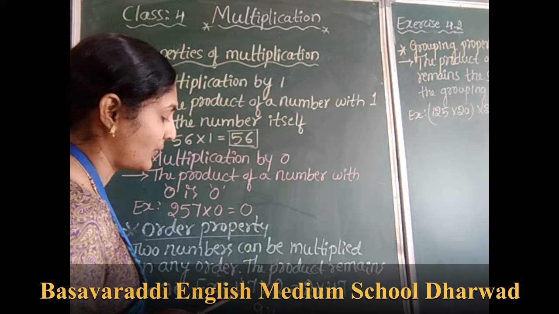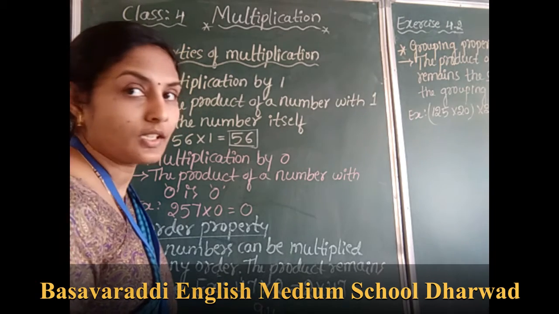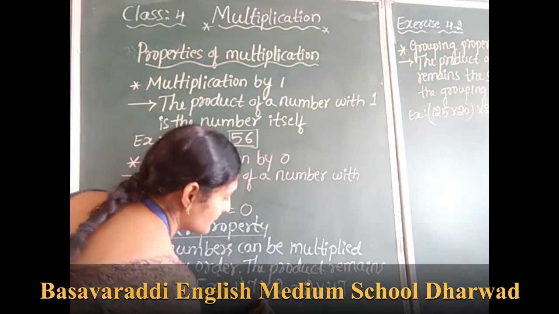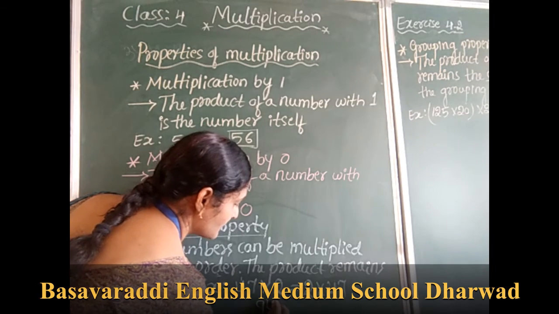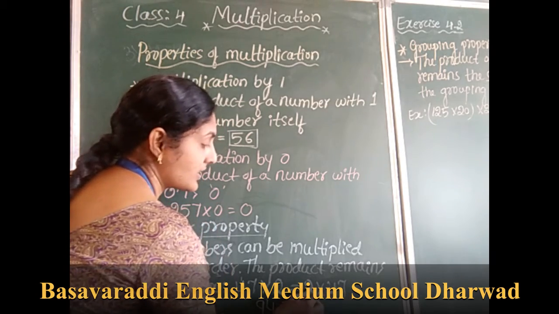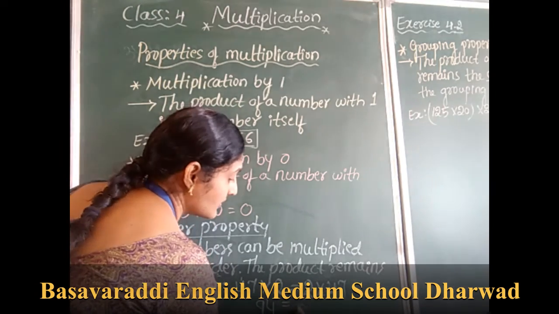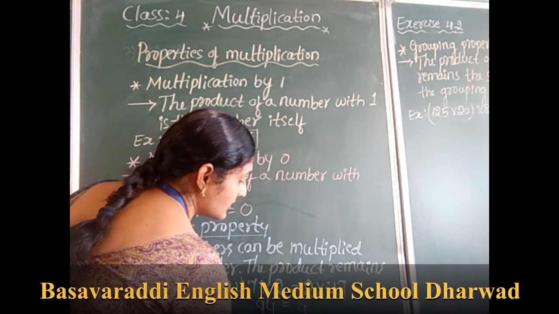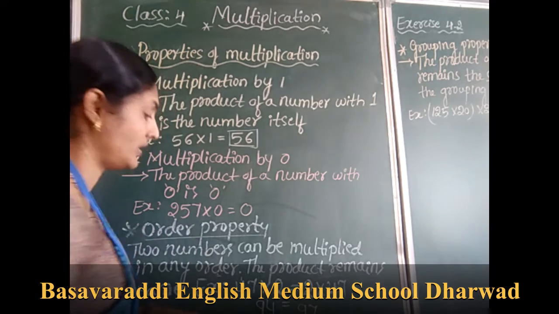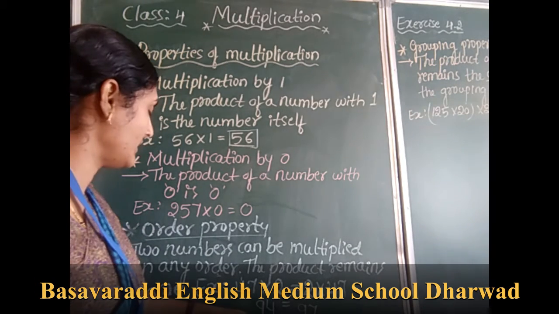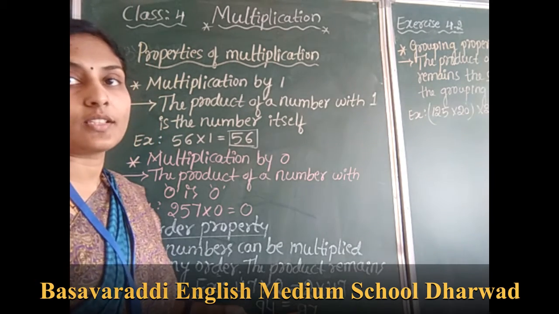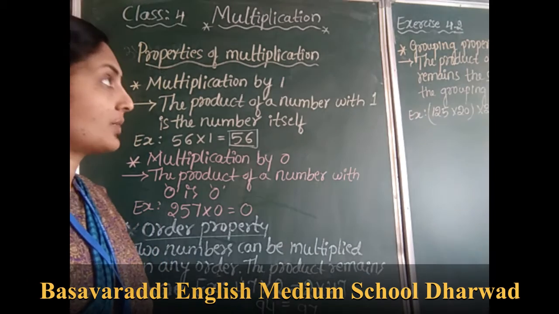The product of 47 into 2 is 94. Next, 2 into 47 is also 94. So there is no change in the products. That means two numbers can be multiplied in any order and the product remains the same. This is the order property.